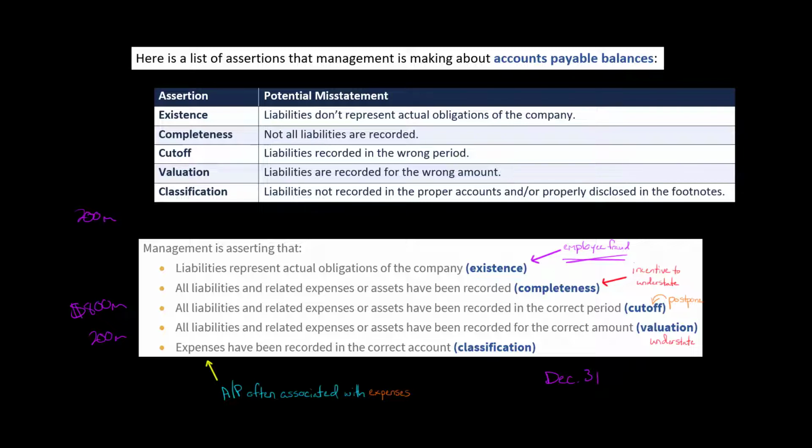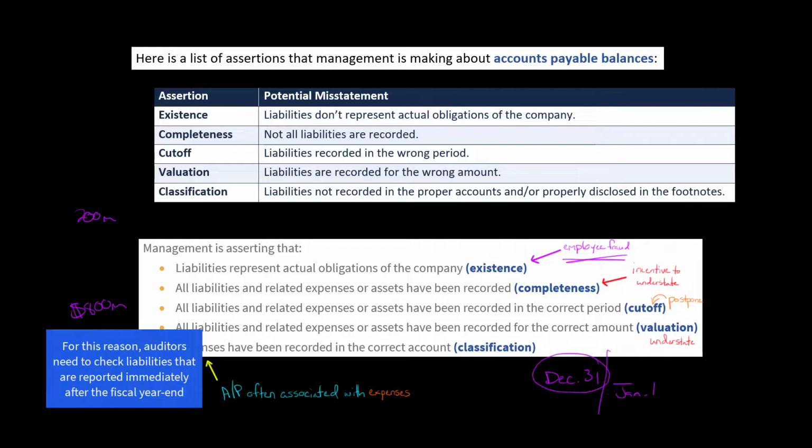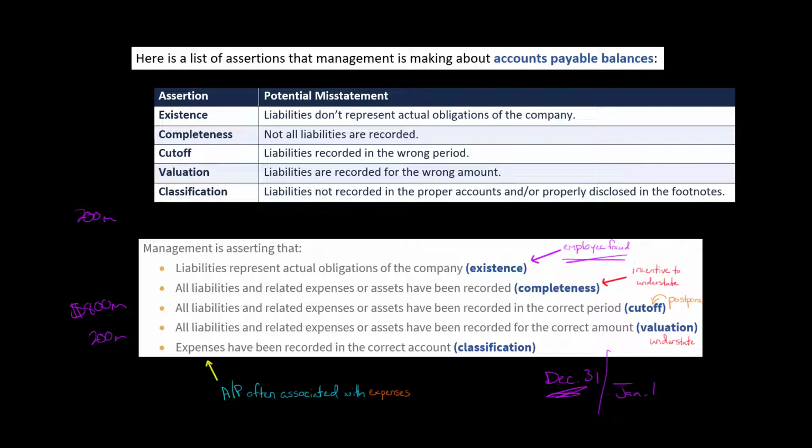I'm just gonna lock it in the drawer of my office desk, and then on January 1st or January 2nd, I will report this liability, because then the fiscal year ended December 31st, and that liability won't be included on that balance sheet as of December 31st, right? So that's the issue with cutoff, is that management would be trying to postpone a liability into a future period. So they don't have to record it today, we'll push it into a future period.